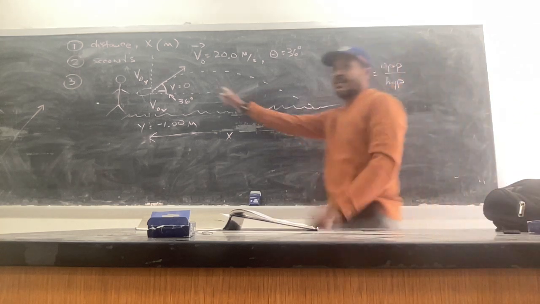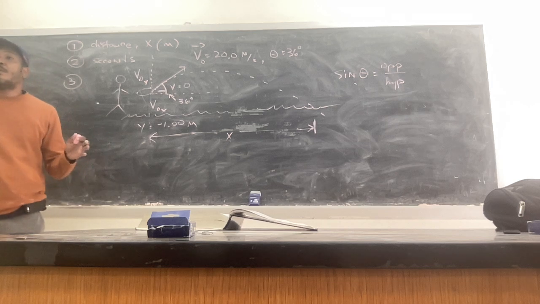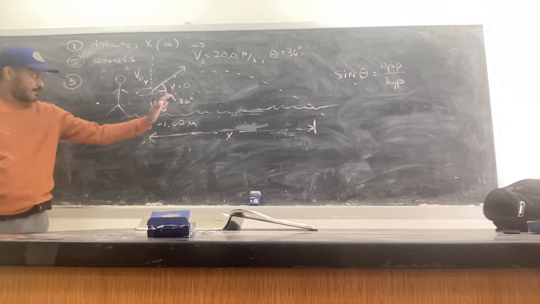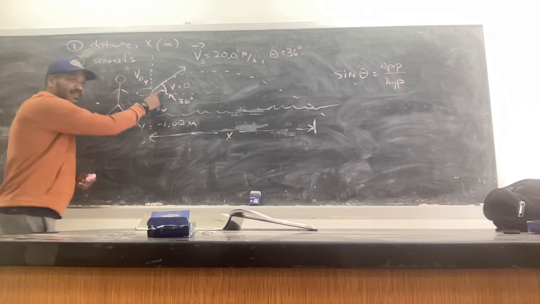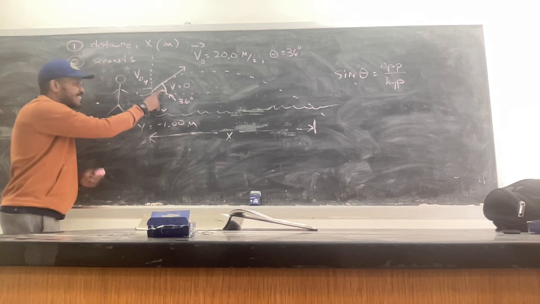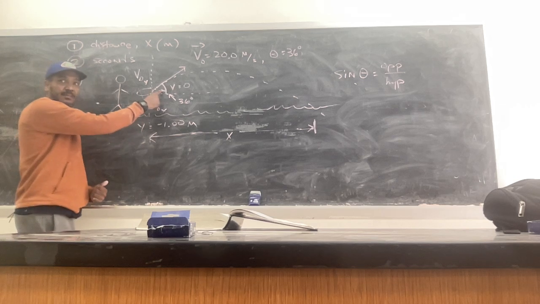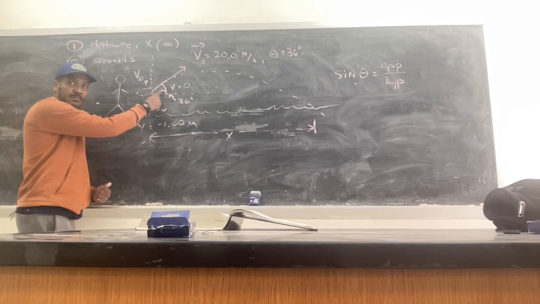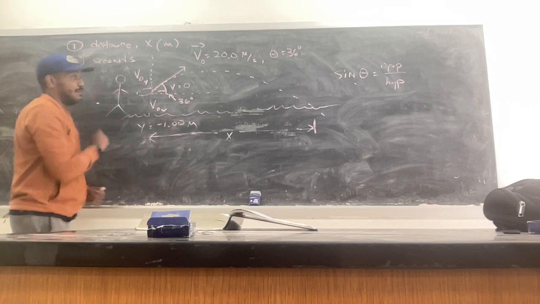Now let's look at our theta. So we use tangent? We're gonna use tangent, right? Hold up, let's deal with this one first. So we got sine of theta. This is theta right here, right? So the opposite is what? What is the opposite of this angle? The y component, yeah.